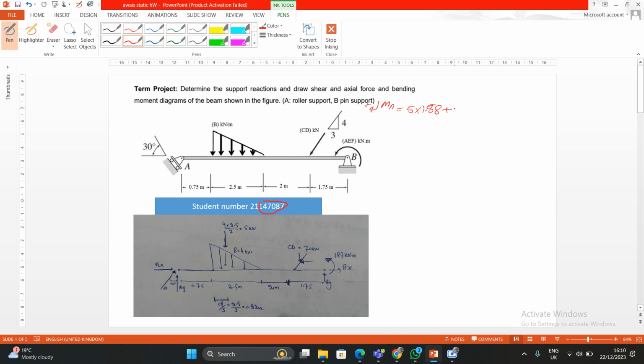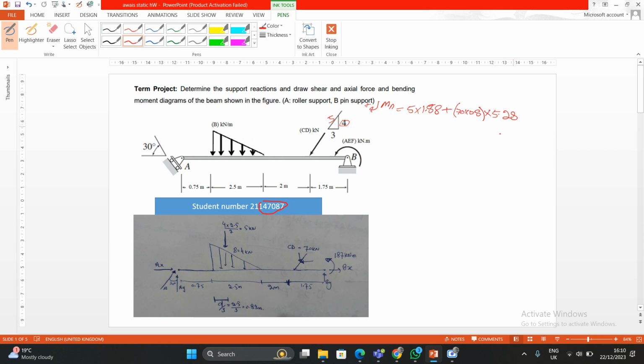So 70 multiplied by 0.8, 0.8 comes from here, which is 4 divided by 5.8. So I'm taking this multiplied by distance, which is 2 meter and 2.5 meter and 0.75, total becomes 5.25.